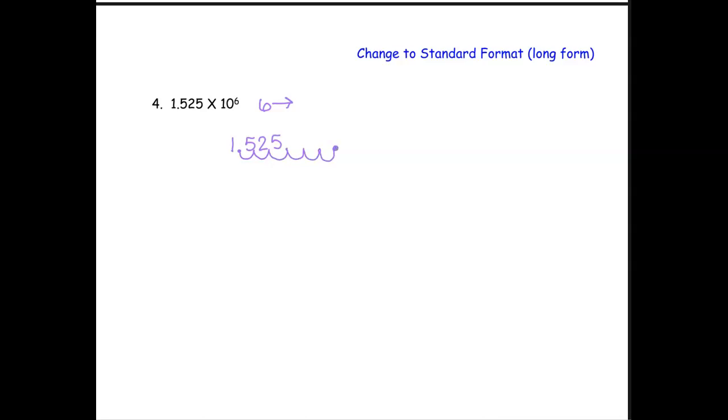Here's my new decimal point. Put in zeros for the blank bubbles. And I'm going to rewrite my answer nicely so my teacher will be happy. So 1, 2, 3, there's going to be a comma. 1, 2, 3, there's going to be a comma. Bada bing, there's their answer.